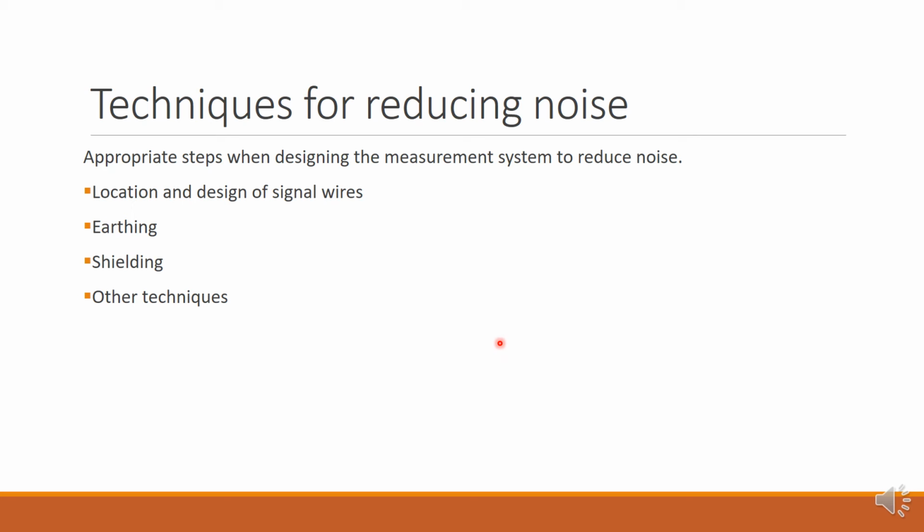So how do we reduce noise in our system? Prevention is always better than cure, as we always hear in the proverb. We already understand the sources of noise, and much can be done to reduce the level of measurement noise by taking appropriate steps when designing the measurement system.